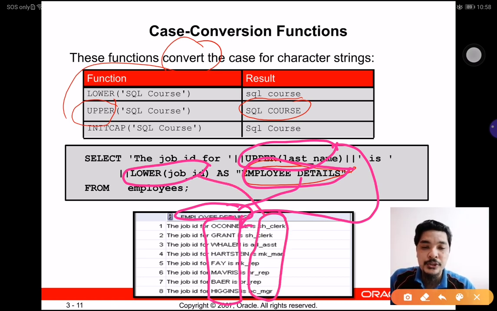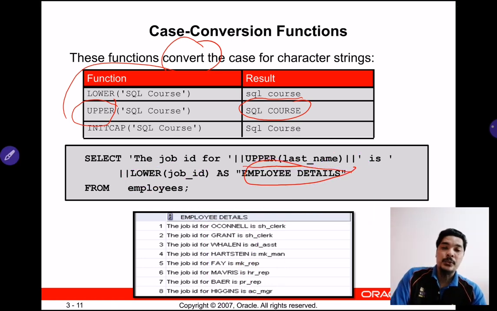All the job IDs will be converted into lowercase, from the table employees. So this is example number one. Okay, we move to the next one.